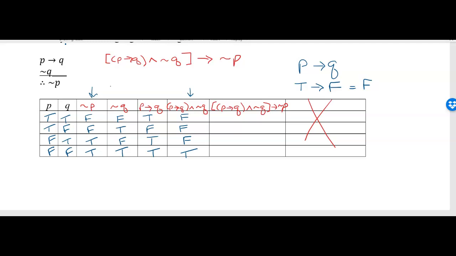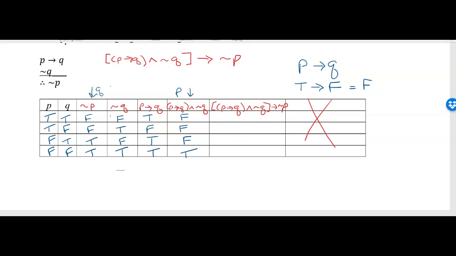Now we're kind of looking backwards, right? This is kind of like your P right now, and this is kind of like your Q. I know it's not, but that's how we're looking at it. So this is your P, just as an example, and this is your Q. I'm just looking to see where the first is true and the second is false. I don't have any trues until the last column, but the second is true.